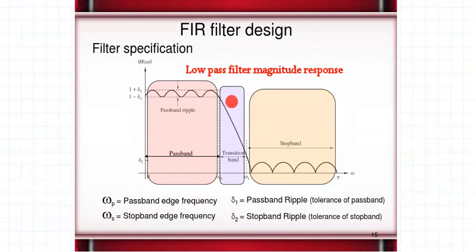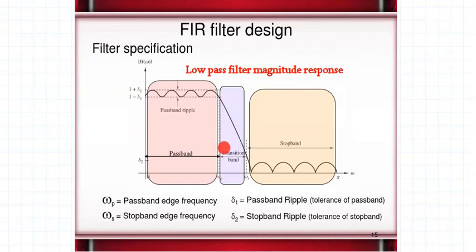Then what is this transition band? Transition band is the band which occurs when we go for a practical response, because we don't get a sharp cutoff. There is a roll off observed from the pass band to stop band. So in ideal frequency responses, the transition band is 0 because we observe a sharp cutoff. But in a practical response, the transition band exists.